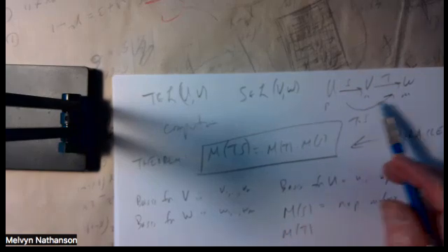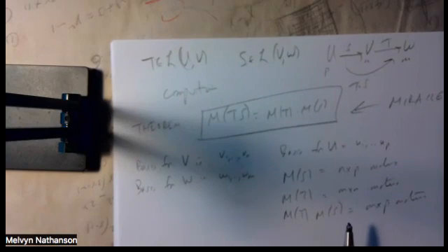M of T will be an m by n matrix. And when I multiply them, M of T times M of S, m by n by n by p, that's going to be an m by p matrix.